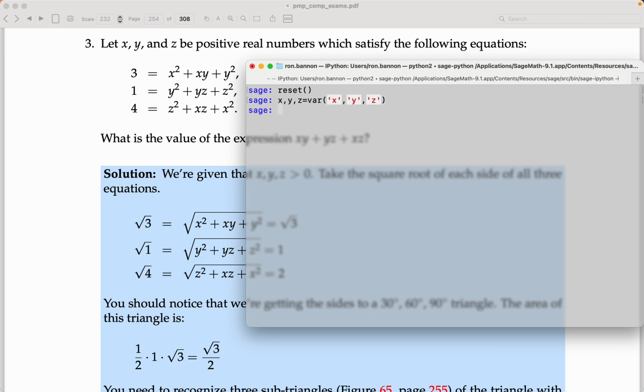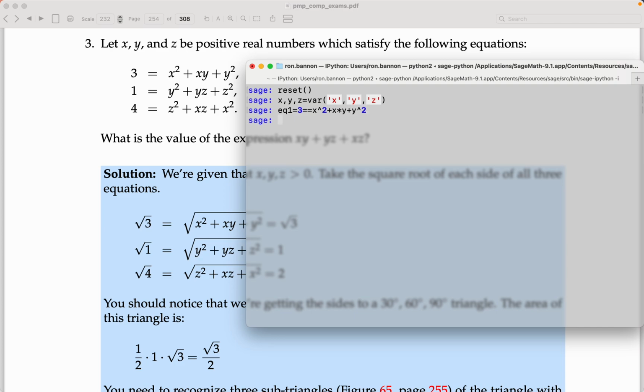For the first equation, I'm going to come up with a name, equation one, and assign it. The equal sign is the assignment operator in Sage. And then I'm going to say 3, and a double equal sign means an equation, x squared plus x times y. Yep, I have to use the multiplication symbol. Plus y squared.